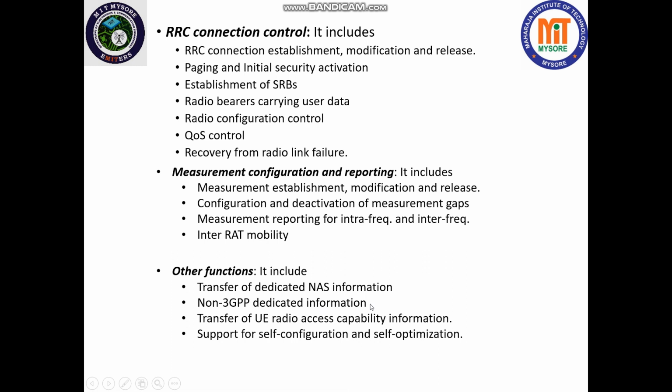So regarding earlier, as I have discussed, different networks which we are communicating through other than LTE 4G. Transfer of user equipment radio access capability information, support for self configuration and self optimization of the resources. So these are the functions carried out by RRC.